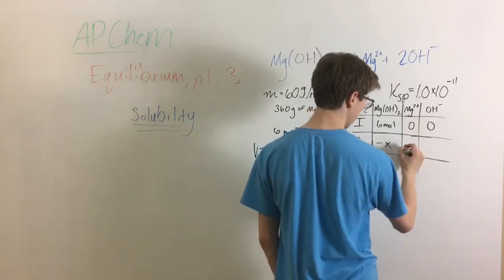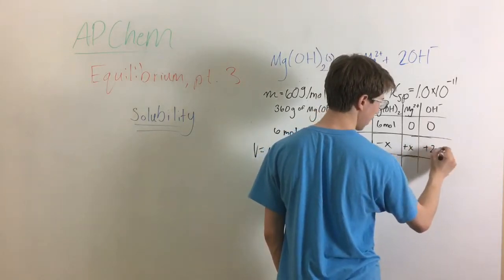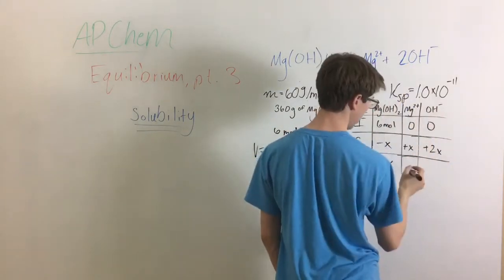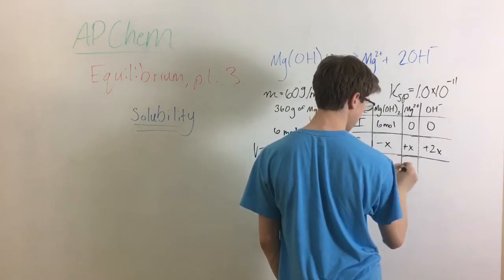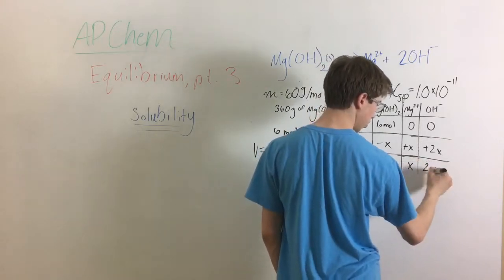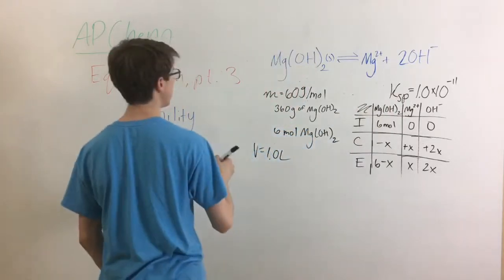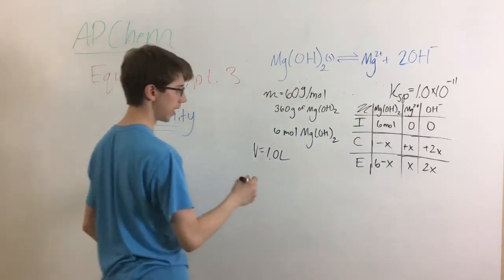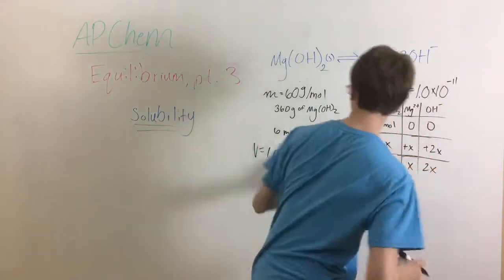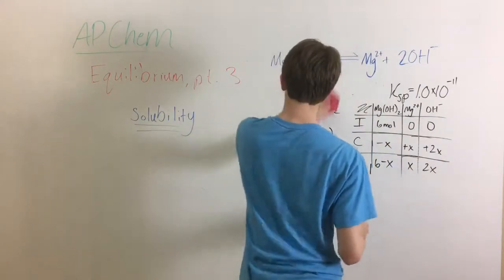The change is going to be plus x, and this one's going to be plus 2x because there's 2 hydroxide. And this is going to end up being x, and this is going to be 2x. Okay, so we know that this is equal to our KSP value. So we'll just do that over here. We'll just make some room.